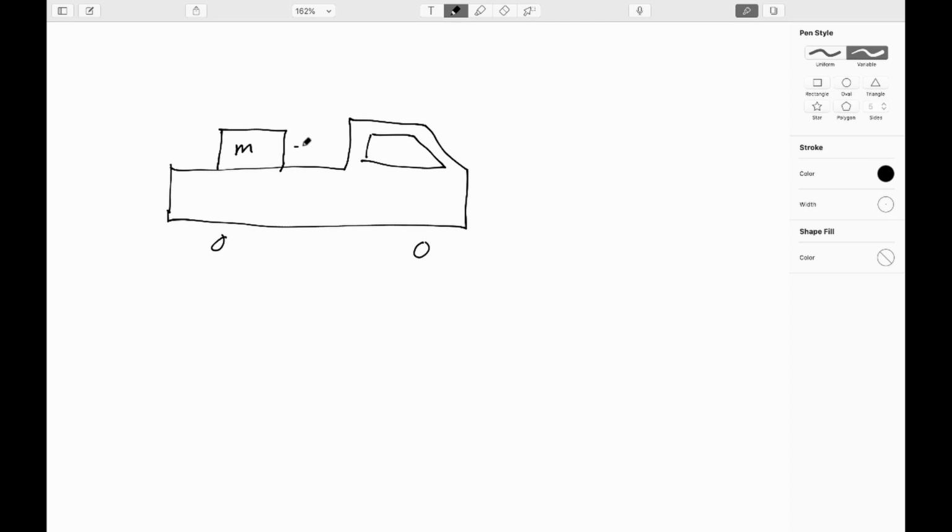Let's say the mass of our box is again 100 kilograms, just to keep things nice and simple. Let's say the coefficient of static friction between the surfaces is 0.7, and that we are accelerating forward at 2 meters per second squared.